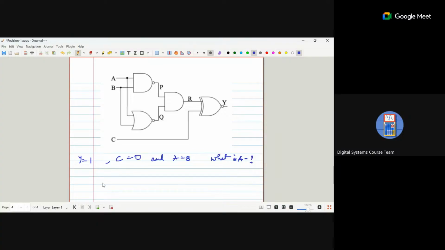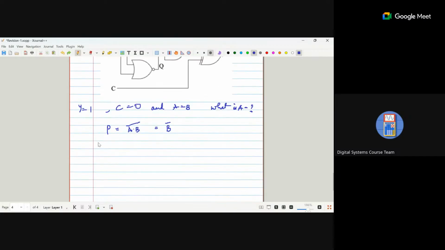So how do we solve? Again the same procedure. We find P. P is (A B) the whole bar, and we know A is B. So B dot B is B, and the whole complement is B complement. Similarly for Q, it is (A plus B) the whole complement, and B plus B again is B, so B complement.